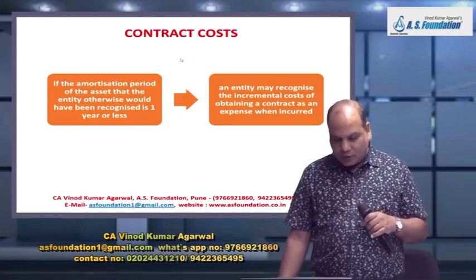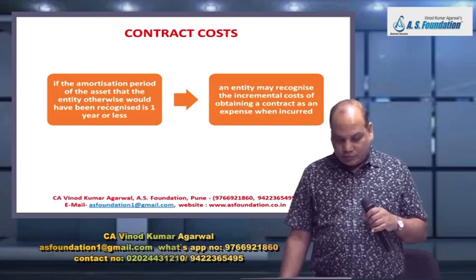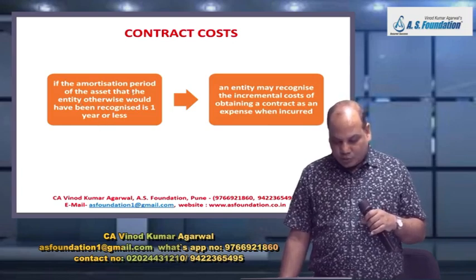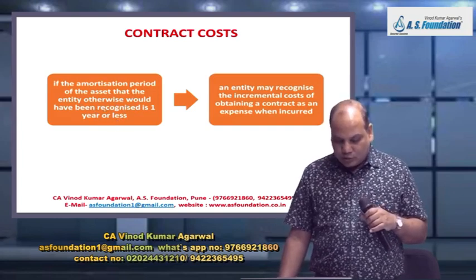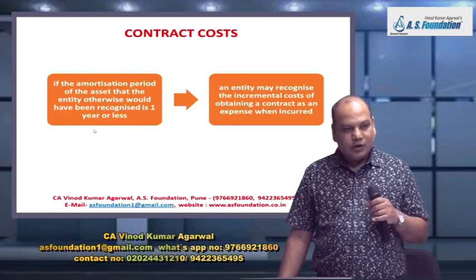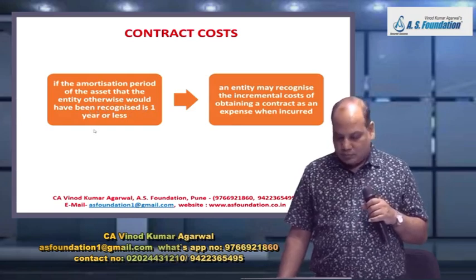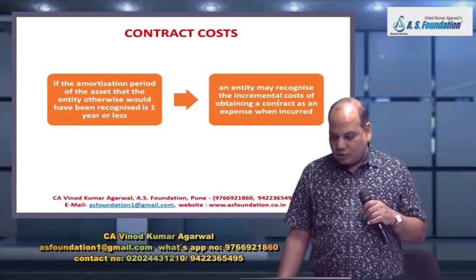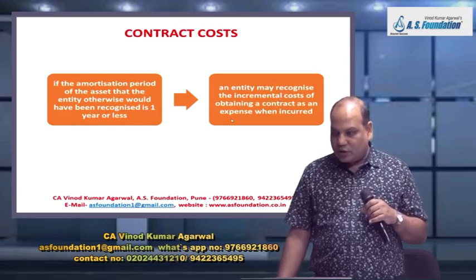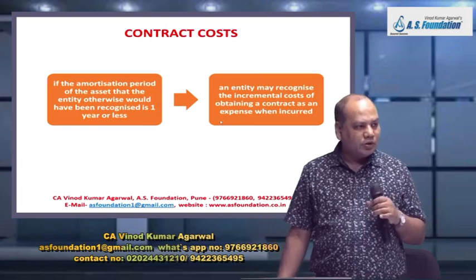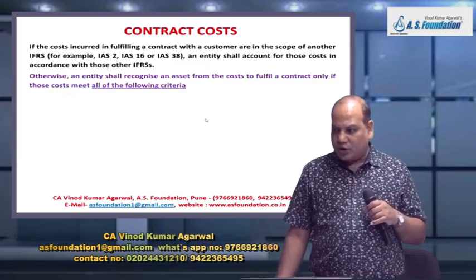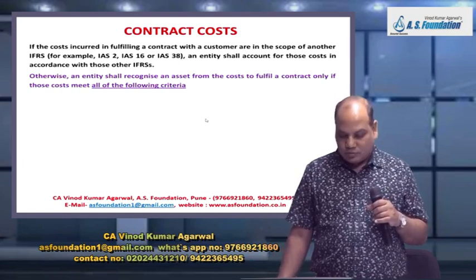Now what about the further treatment of contract cost? The standard says, if the amortization period of the asset that the entity otherwise would have recognized is less than 1 year, in such cases the contract cost will be recognized as expense. If you are working on a short-term project, you can charge it to P&L account.